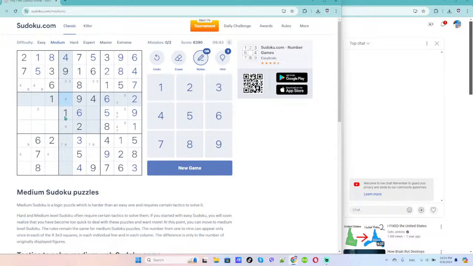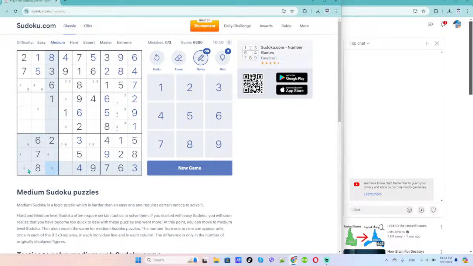I really recommend that, especially for championship competitions. It will help you a lot. 1 can go also here or here, another two candidates.